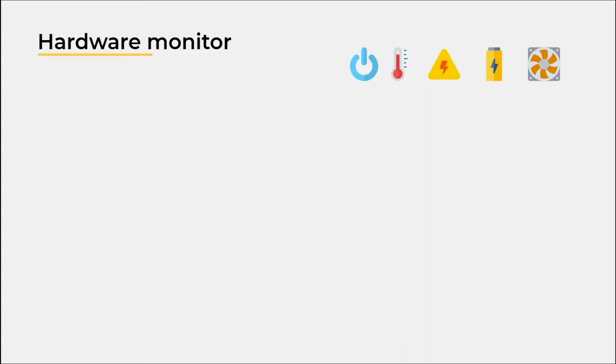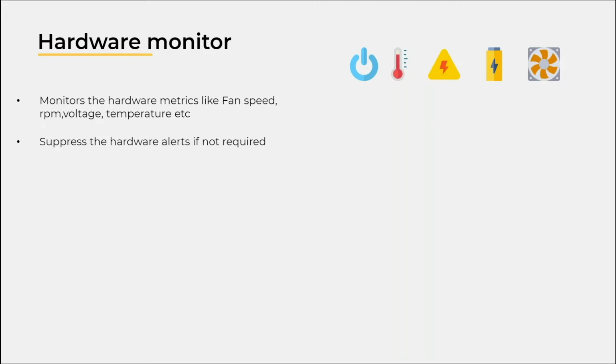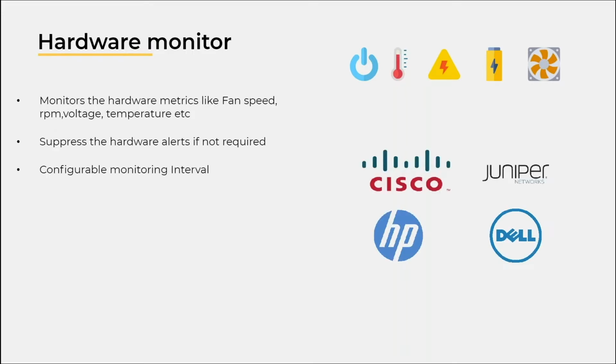So yes, hardware monitoring is very well possible with OpManager, where you can monitor the critical hardware metrics like fan speed, the voltage, the temperature, etc. You can also suppress the hardware alerts in case it is not required for you. You can configure the monitoring interval according to your requirements so that the hardware monitoring would be polled depending upon the appropriate monitoring interval.